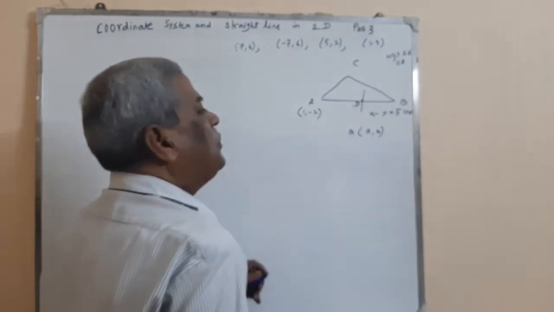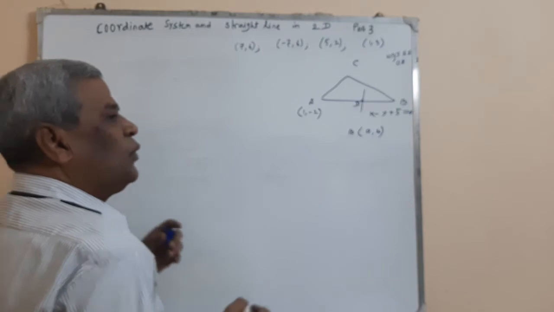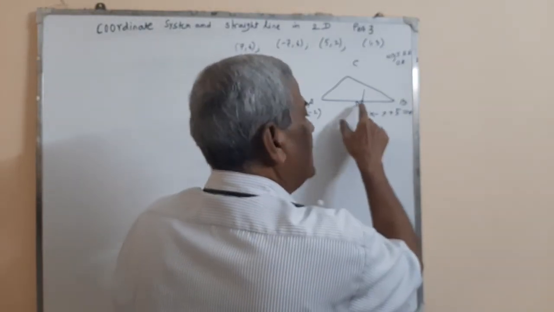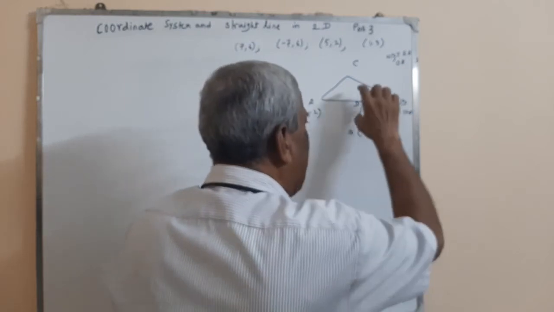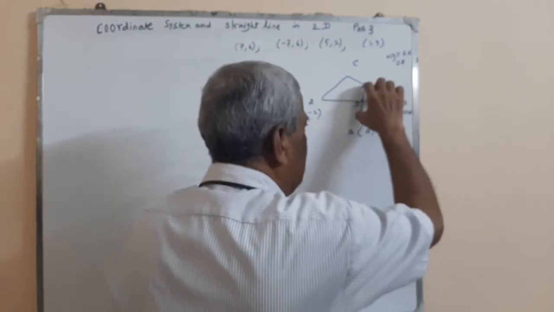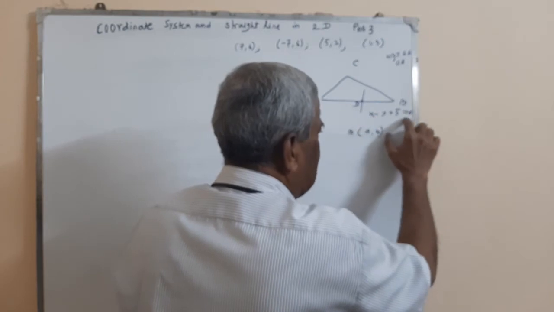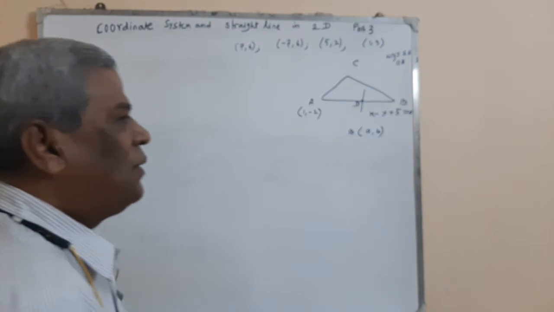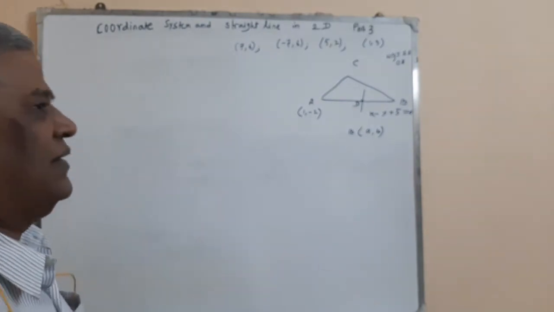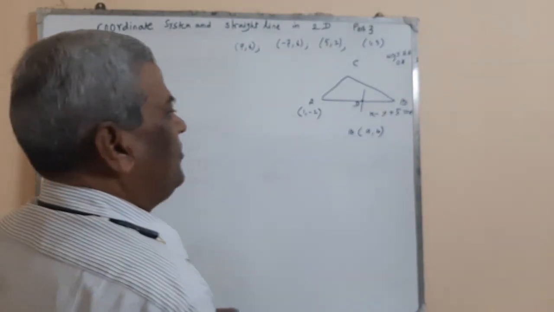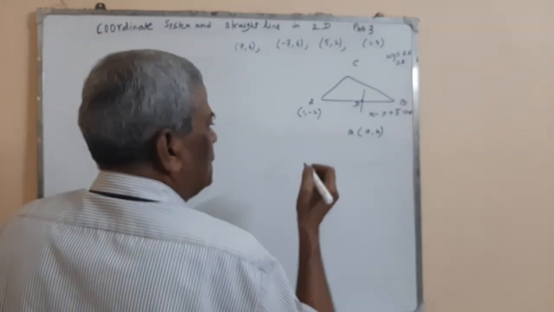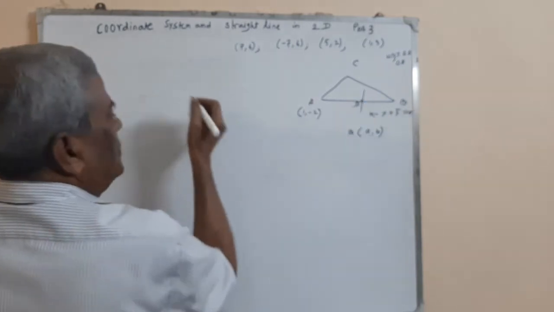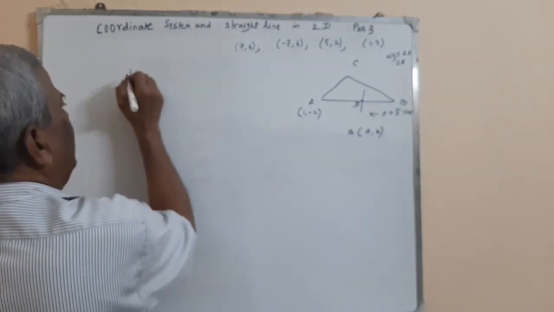So D is midpoint of A and B. The gradient of this straight line and gradient of AB, their product must be minus 1 because they are perpendicular. So gradient of this straight line AB is simply 1.